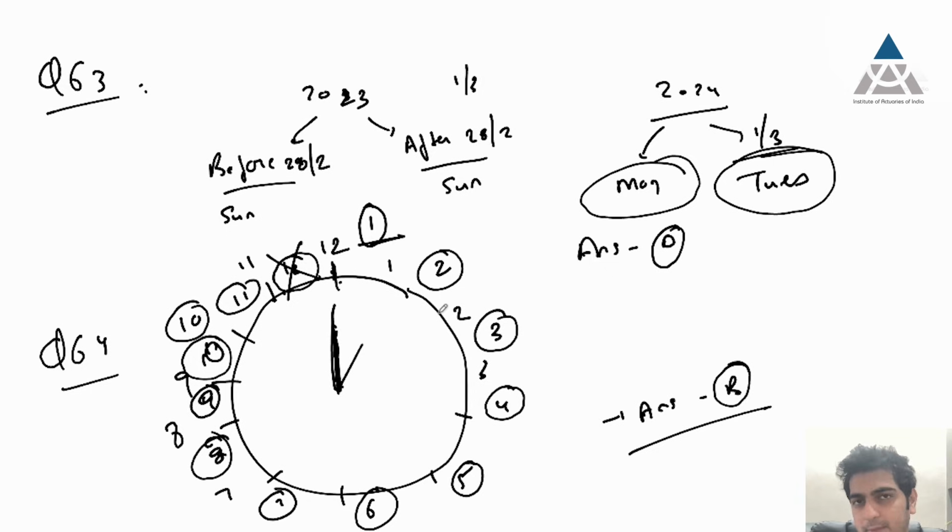And also the first time it happens, that is between 12 and 1, that is also exactly at 12 o'clock only, because after that, once the minute hand starts, the hour hand obviously follows it and it will go till 1, while the minute hand has come to 12 again. So this first time and the 12th time, they both happen exactly at 12 o'clock. So they both happen at 12, and these are the two instances we don't need to count.